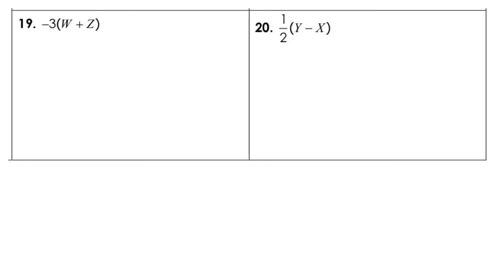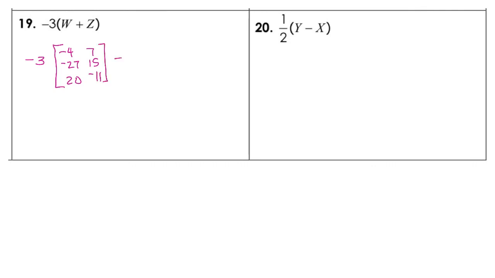All right, in 19, notice that they want us to add your matrix W and Z and then multiply by negative 3. So I'm going to rewrite this, and I have negative 3 times, and then the sum of W and Z should give us negative 4, 7, negative 27 and 15, and then 20 and negative 11.